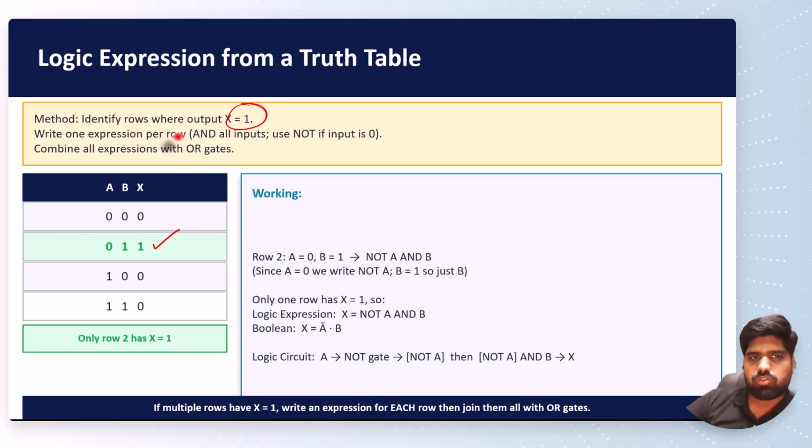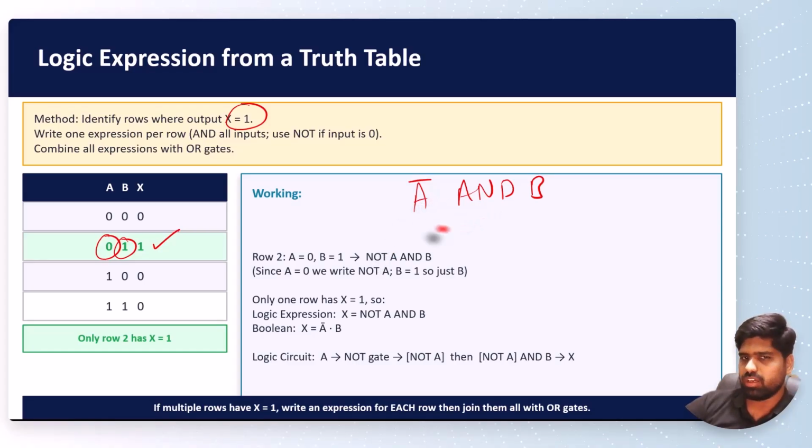Then you have to join their inputs, I will go with A and B. So this one is A and B, if they are producing 1, and whichever is a 0, negate it. So it will go like NOT A and B. Over here, if you want to write it in Boolean logic, then you can go with NOT A dot B. Okay, so that is producing a 1.